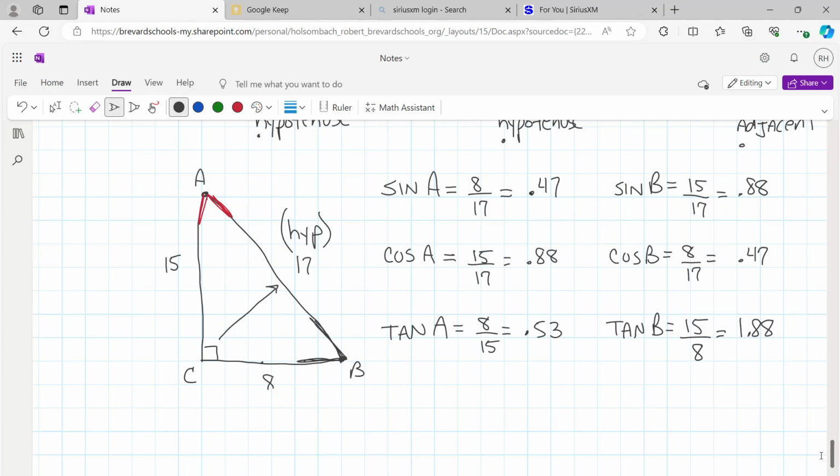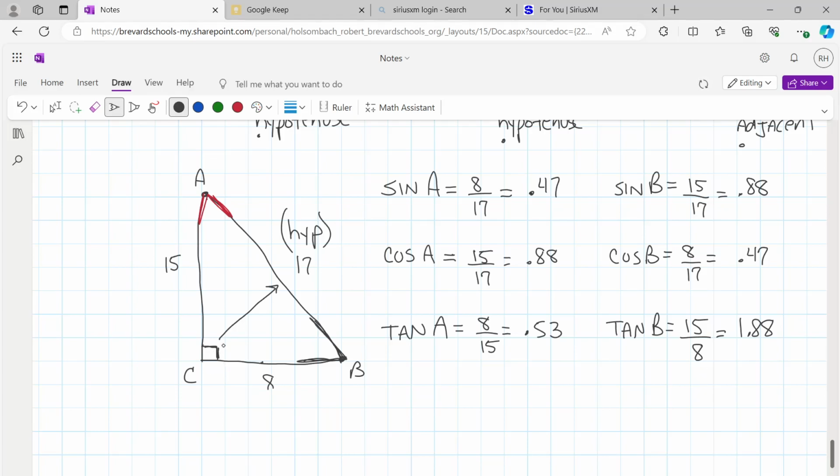Yes? A little louder, please. I can't hear you. You're never going to find the sine, the cosine, or the tangent of the right angle. Okay? All of these ratios are designed to be used in right triangles.